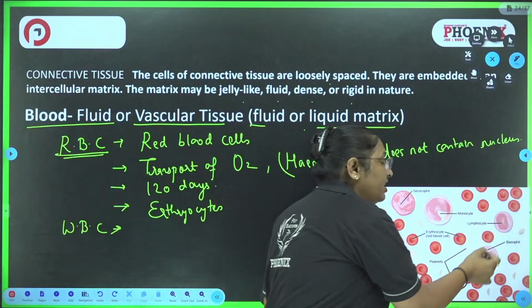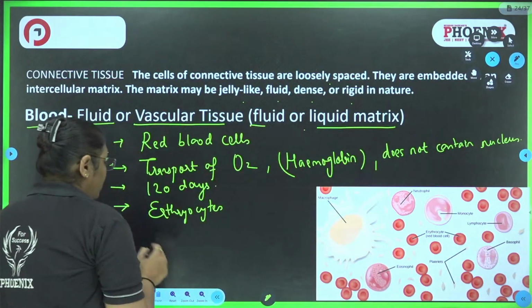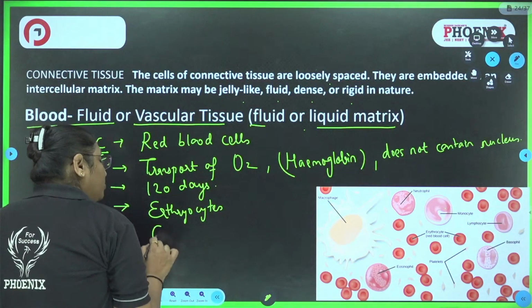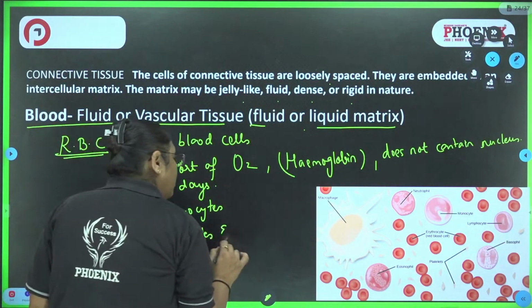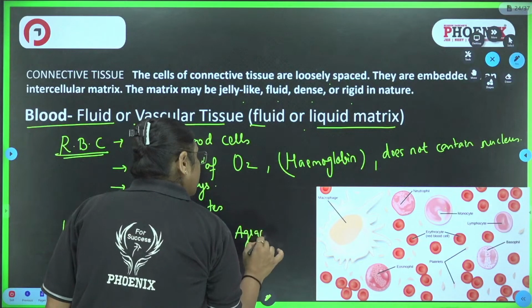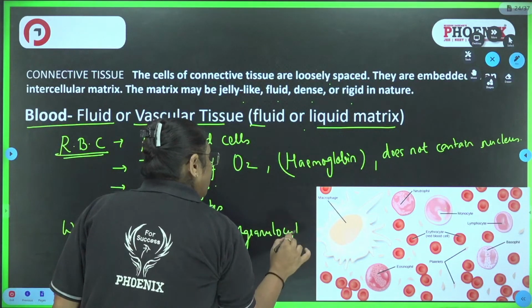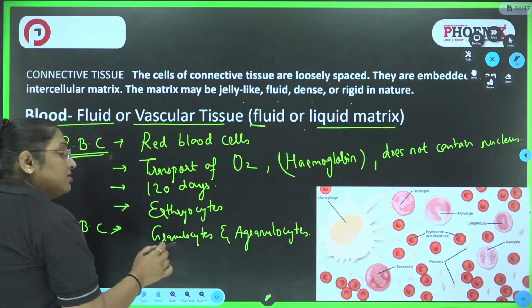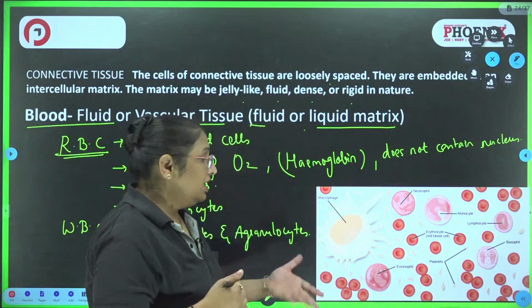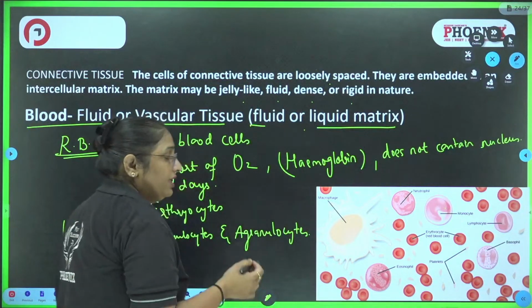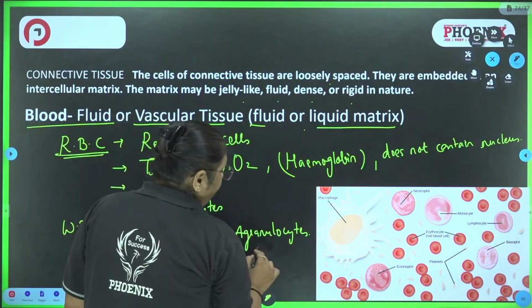We have different types of WBC. Mainly they are divided into granulocytes and agranulocytes. Granulocytes contain granules in the cells, and agranulocytes do not contain granules.